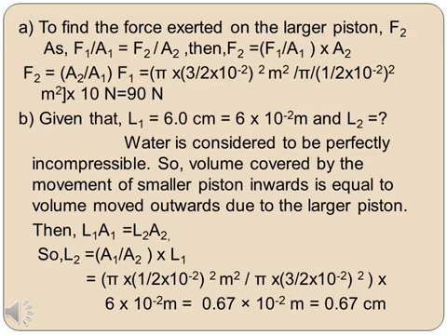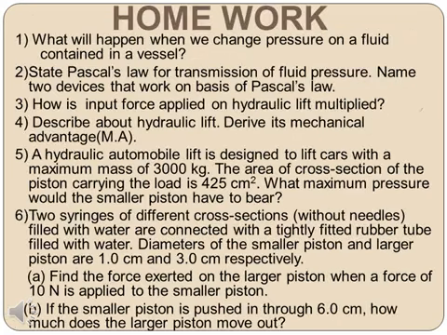As V1 is equal to L1A1 and V2 is equal to L2A2, so L1A1 is equal to L2A2. Now L2 is equal to A1 by A2 into L1. By substituting the values of A1, A2 and L1, we get L2 is equal to 0.67 into 10 the power of minus 2 meter. Converting into centimeter, it is equal to 0.67 centimeter.